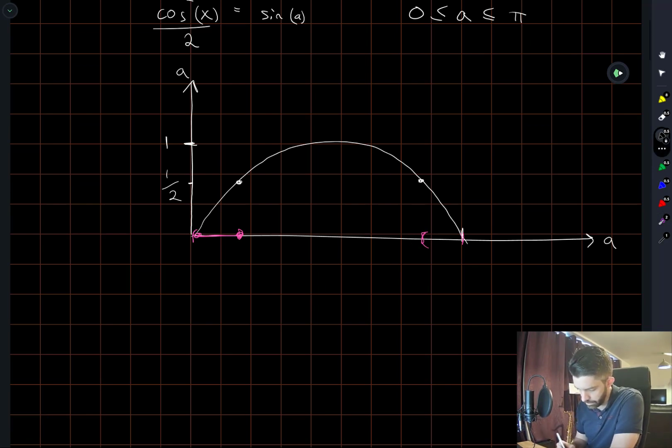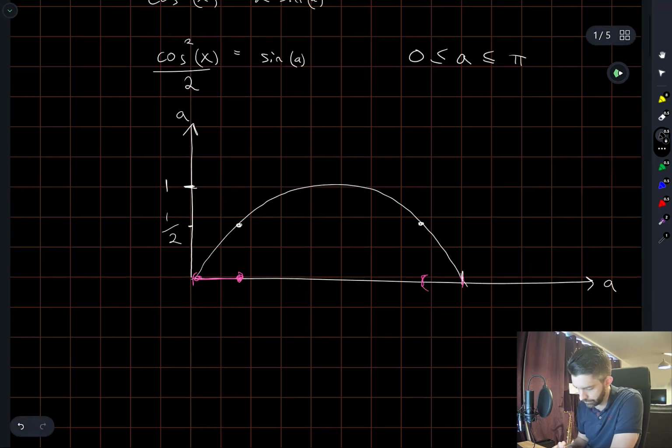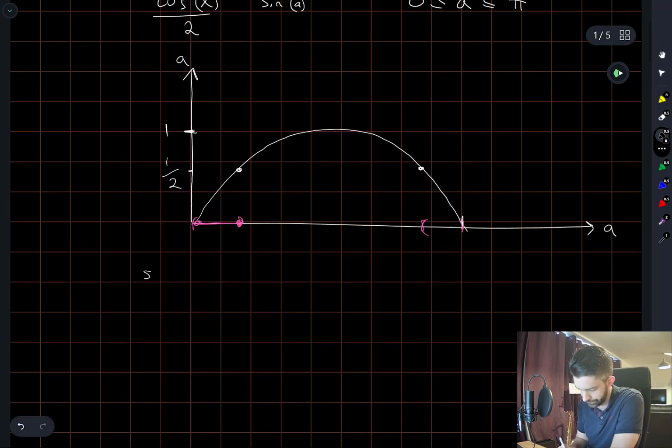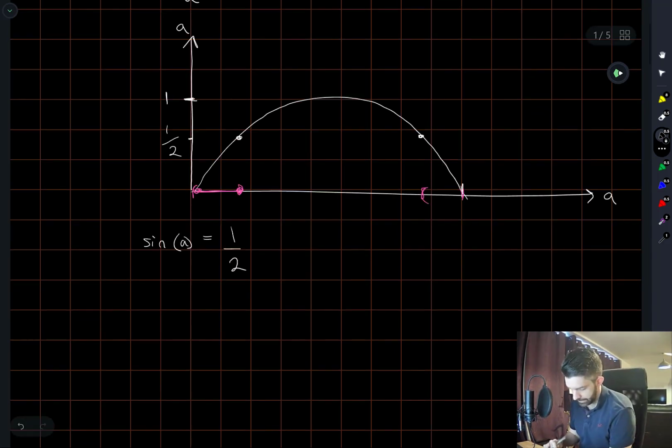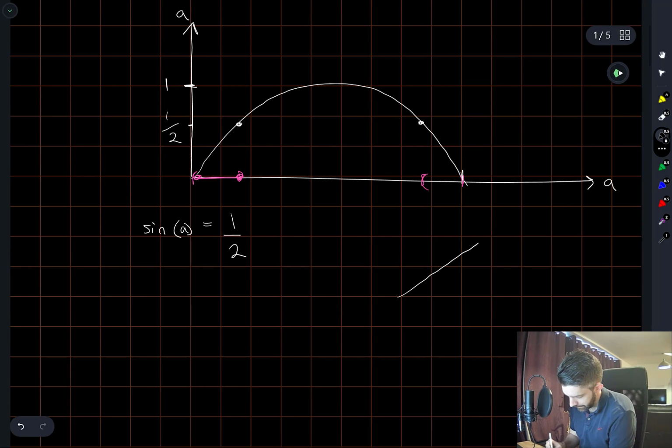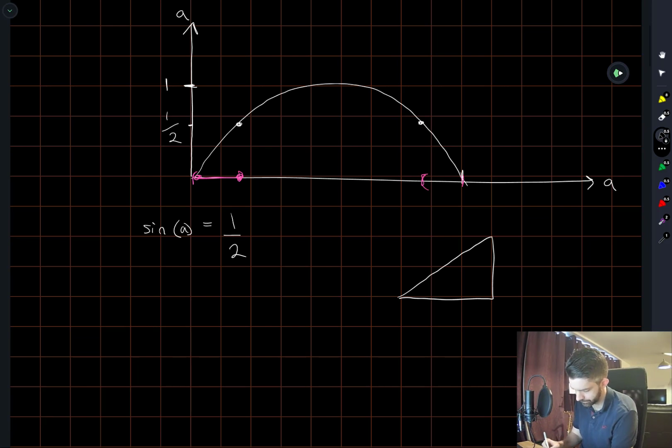So let's compute sine inverse of a half. I don't remember what this is off the top of my head. I'm going to draw a triangle, see if we can figure this out. Something like this, where this is the angle a.